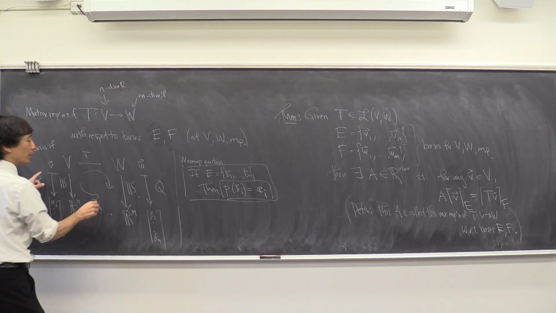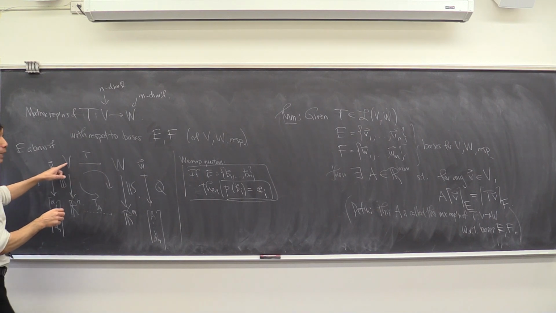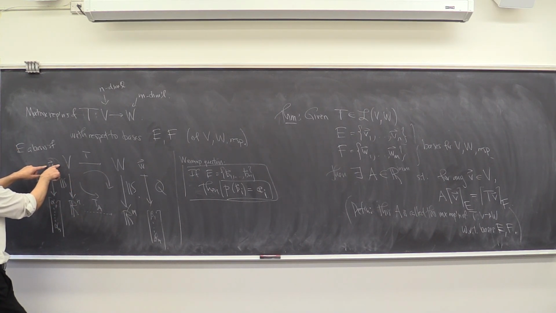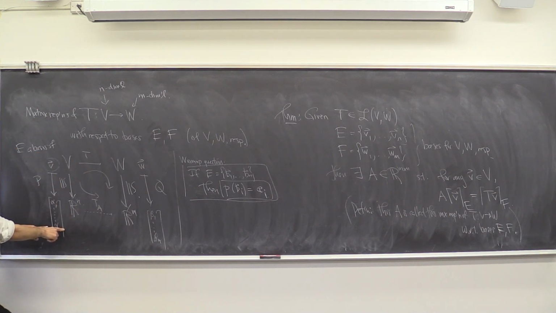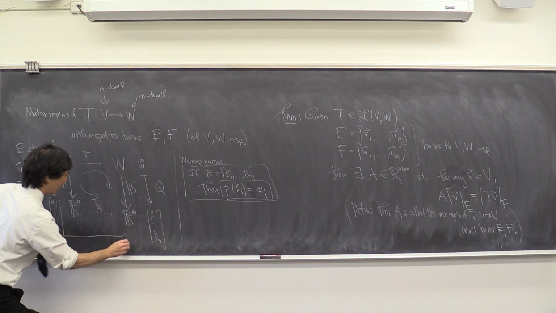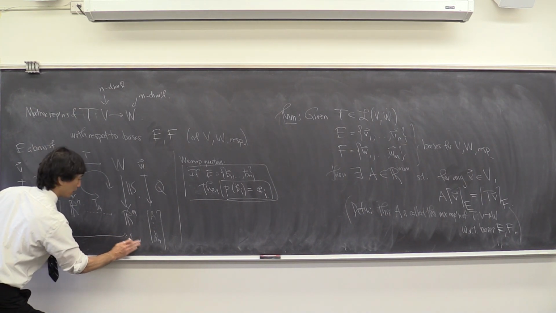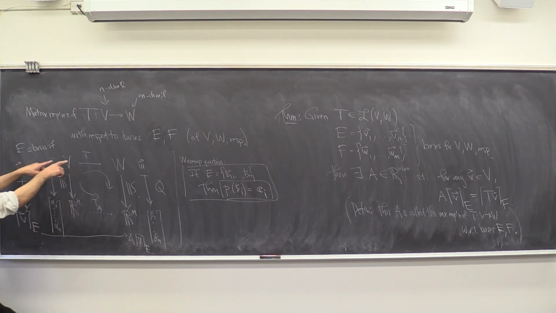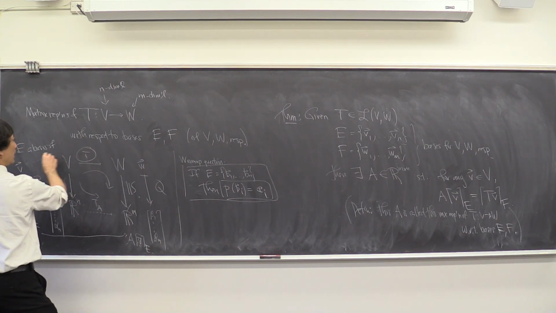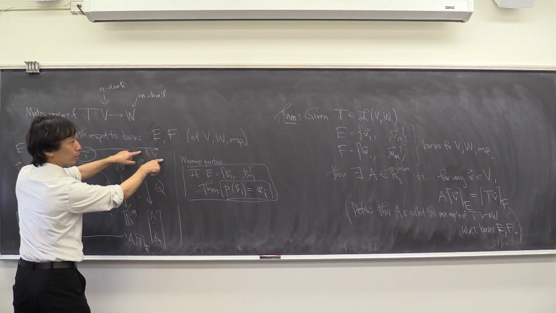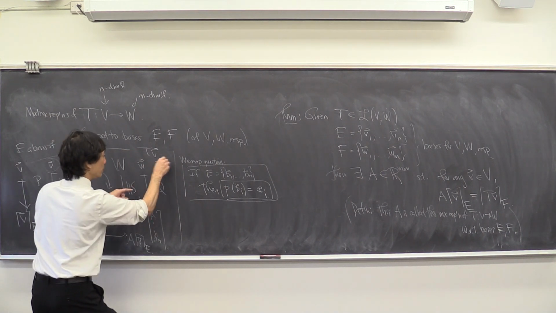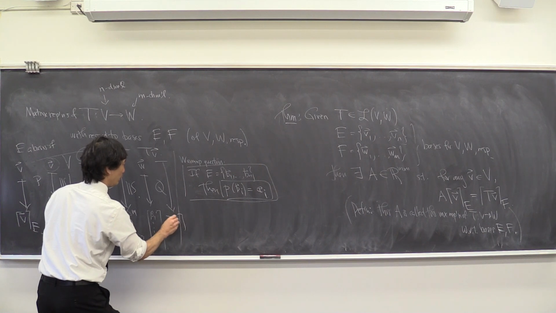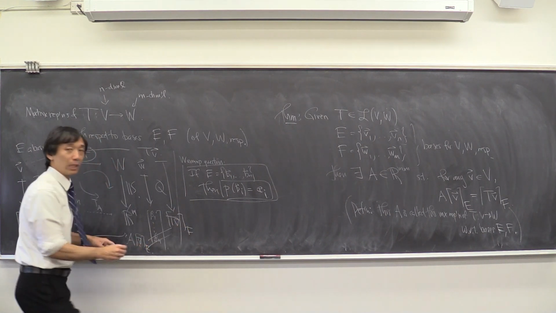If you take a vector v and get its coordinate vector with respect to the E basis, and then you hit it with A, you get the same thing as if you took the vector and hit it with T first, got Tv, and then took the coordinate vector of that with respect to F. You went down this way and got Tv with respect to F. Those two things should be equal.